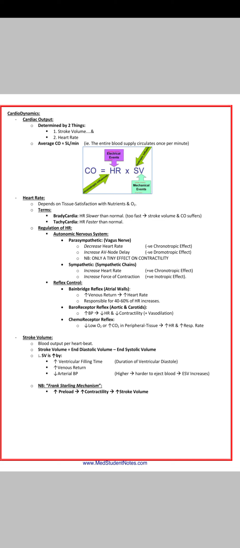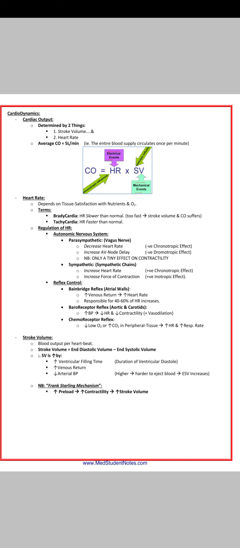So a decrease in heart rate is the chronotropic effect, and an increase in AV node delay is the dromotropic effect. Next is only a tiny effect on contractility. The parasympathetic has only a tiny effect, or no connection to contraction. So the parasympathetic only affects the nodal area of the heart.